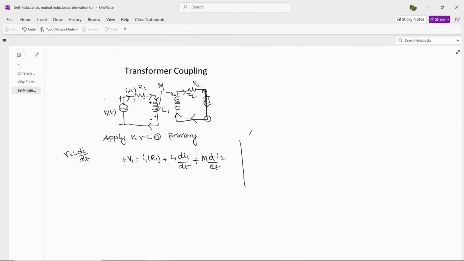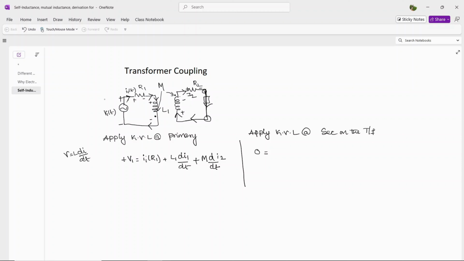Similarly, apply Kirchhoff's voltage law at the secondary of the transformer. When you come to the secondary, the current flowing is entering as positive and leaving as negative. There's no source here, therefore the voltage source is zero.